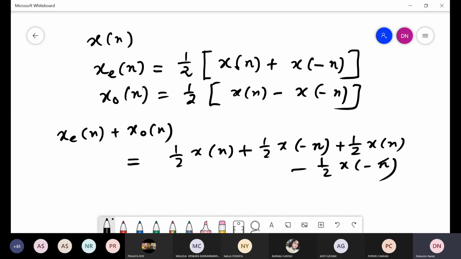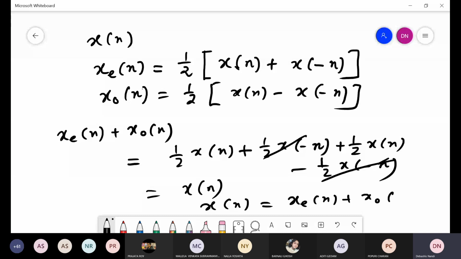Now you just cancel these two because the plus and minus signs are there. So half x[n] plus half x[n] means x[n]. So you can write x[n] is equal to xe[n] plus xo[n]. Now this is actually proved.